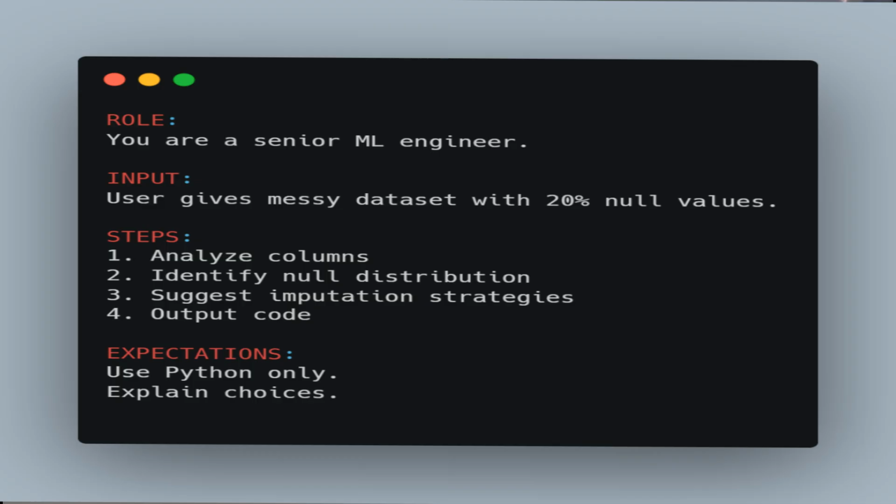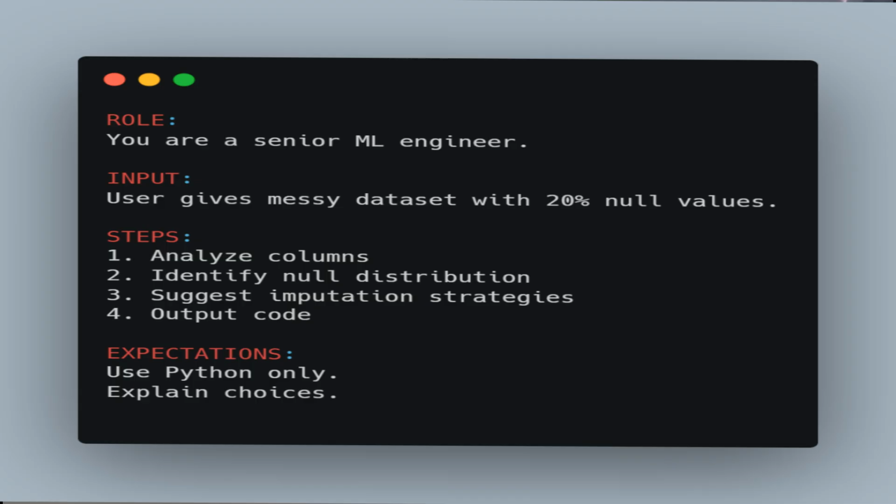Here I put input as 20% null values. So the user gave a messy data set with 20% null values. I'm going to give steps on how to do it: you need an analysis column, you need to identify null distribution, you're going to suggest an imputation strategy, and you're going to output code. And the expectation, based on the assignment, you're going to say use Python only and explain your choice. It's a complete, predictable, engineering grade.